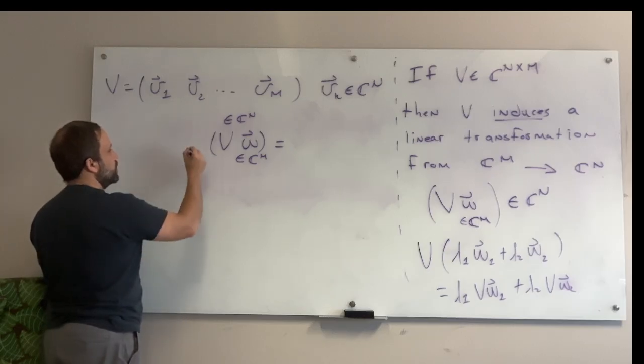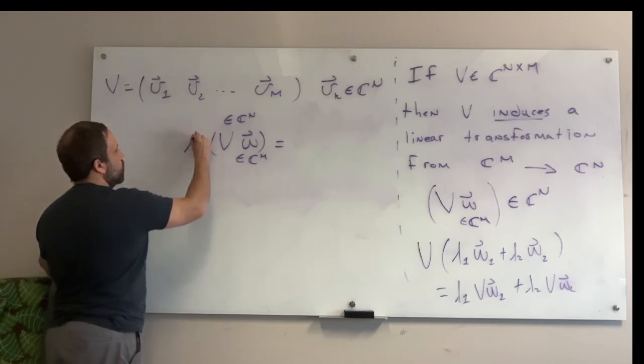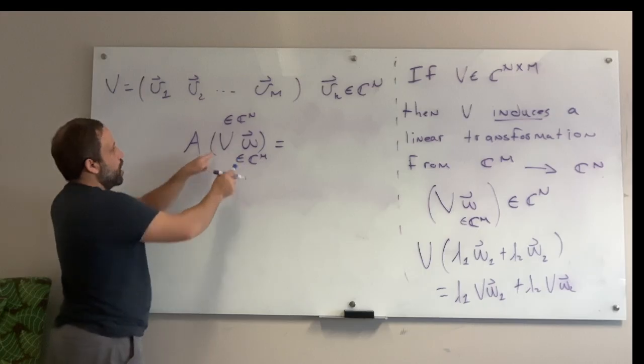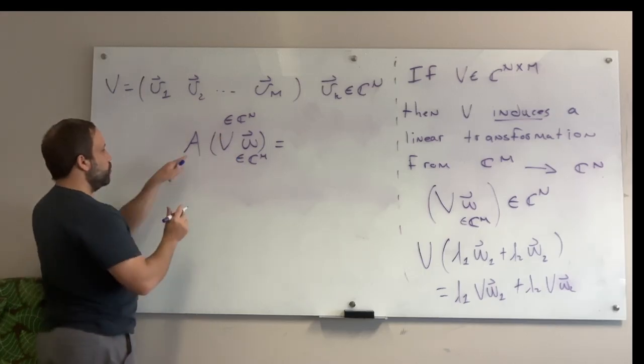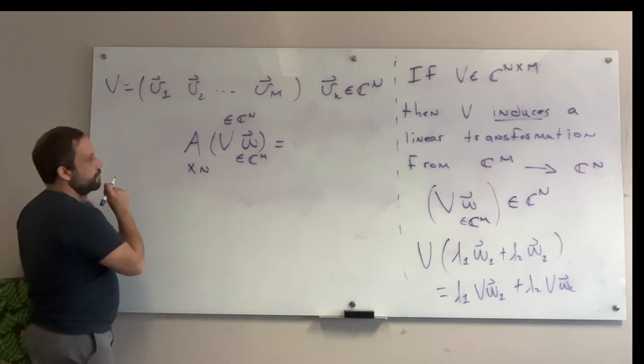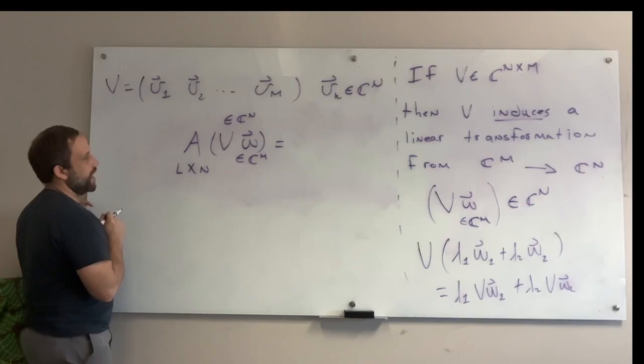Let's say I multiply this by a matrix that I'm going to call A. Now, this vector here, once you form the product, has n entries, which means this matrix here needs to have n columns. But there can be however many rows we want it to have.